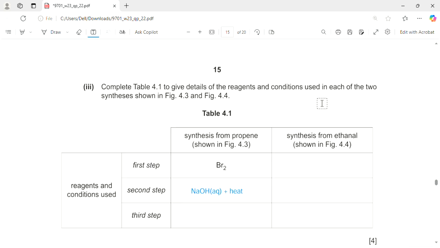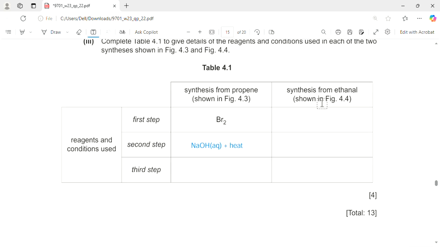So the third step, I think it should be Cr2O7, and heat under reflux.